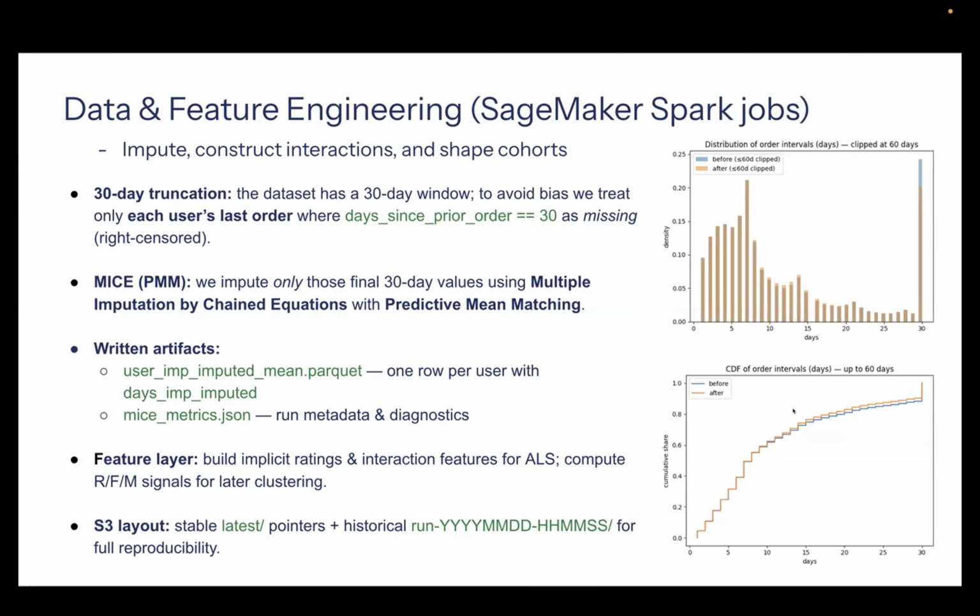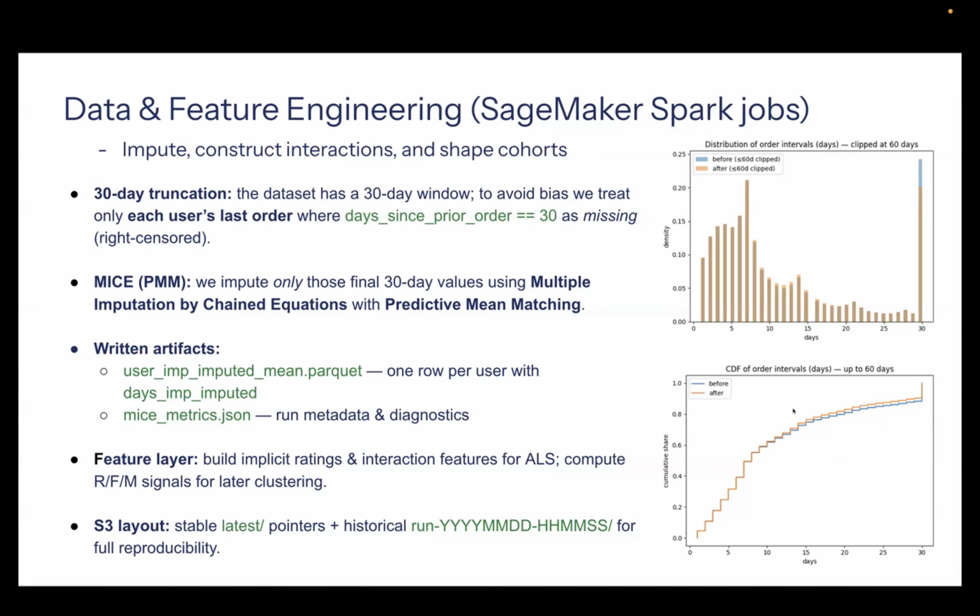From there, the Spark jobs will build the implicit rating signals and interaction features for ALS and compute the Z-scored RFM for later clustering. Everything is written under the timestamped S3 prefix with a latest pointer, so the downstream steps are deterministic.